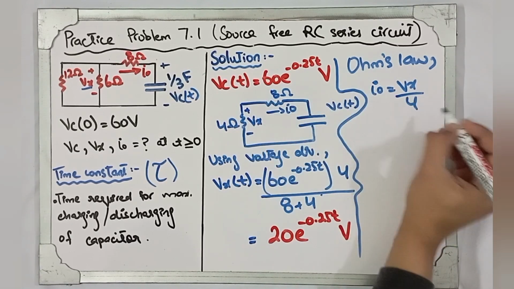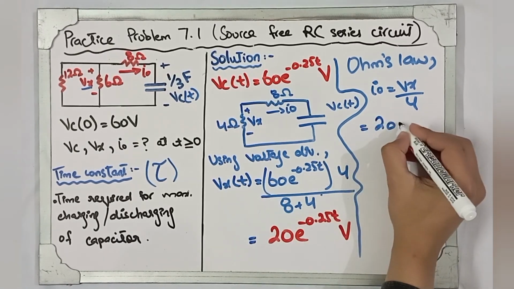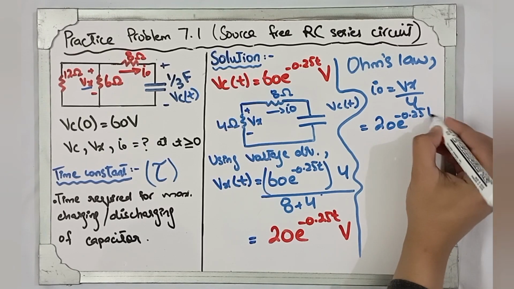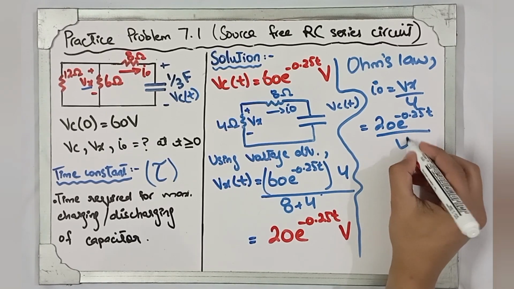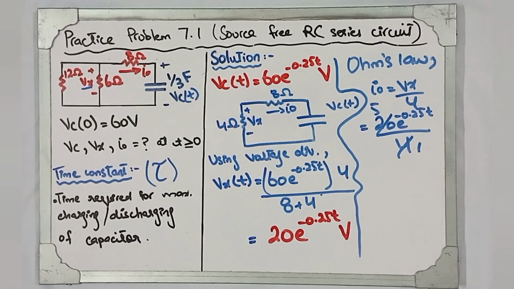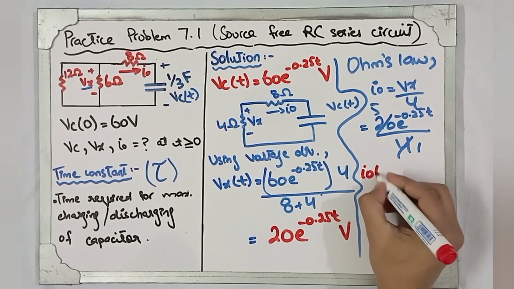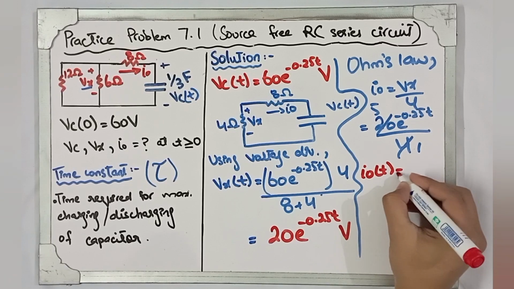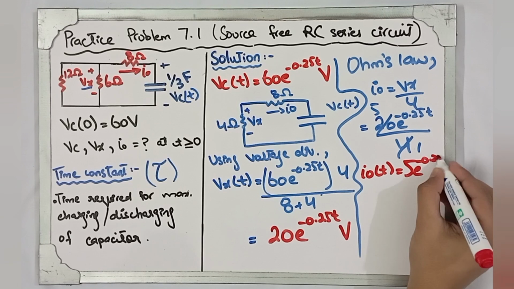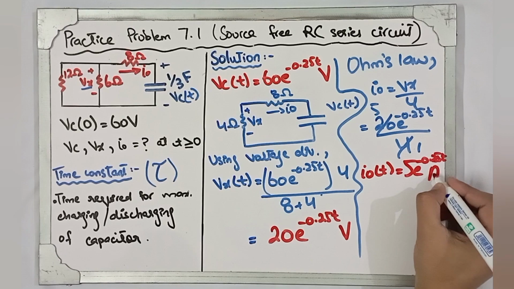Simple Ohm's law. So Vx was 20 into e raised to the power minus 0.25t, divided by 4. Let's simplify it a bit. 4 ones are 4, 4 fives are 20. So our current I naught at time t will be equal to 5 into e raised to the power minus 0.25t amperes, right?